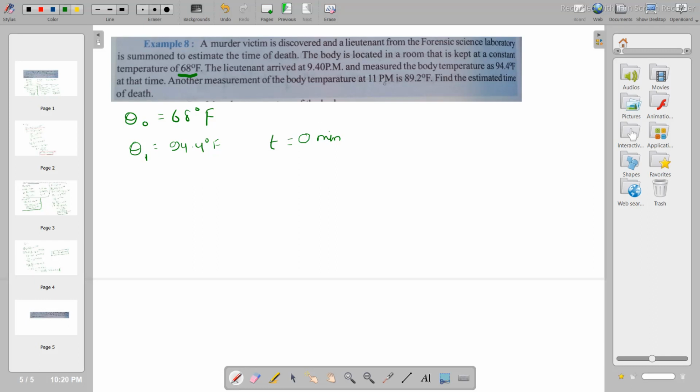Now again at 11 p.m. the lieutenant came and noted the body temperature. It was 89.2 degrees Fahrenheit. So theta 2 will be 89.2 degrees Fahrenheit. And what will be the t? Here is a small concept. The first temperature was noted at 9:40 and the second at 11. What is the difference between these times?